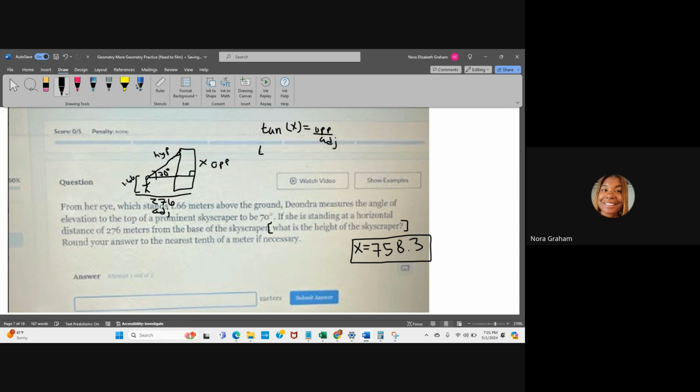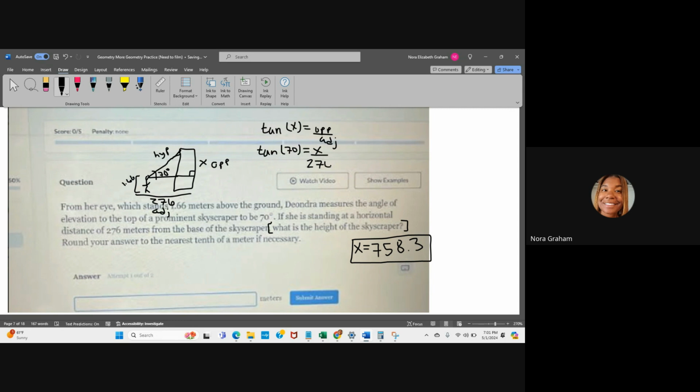So I'll plug in tan, and then my degree that's given. So that's how I set up my triangle. That's going to be 70. Equals my op, which I don't know what it is, x, over my adjacent, which is 276.